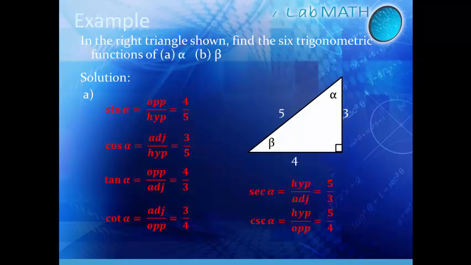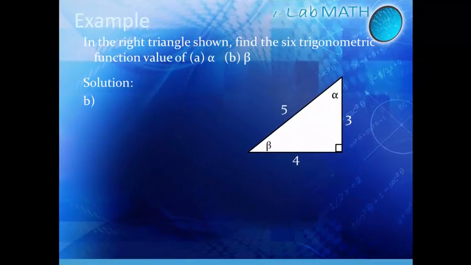And cosecant alpha is just the reciprocal of sine alpha equals hypotenuse over opposite equals 5/4. Please take note of that. Cotangent is just the reciprocal of tangent. Secant is just the reciprocal of cosine. Cosecant is just the reciprocal of sine.